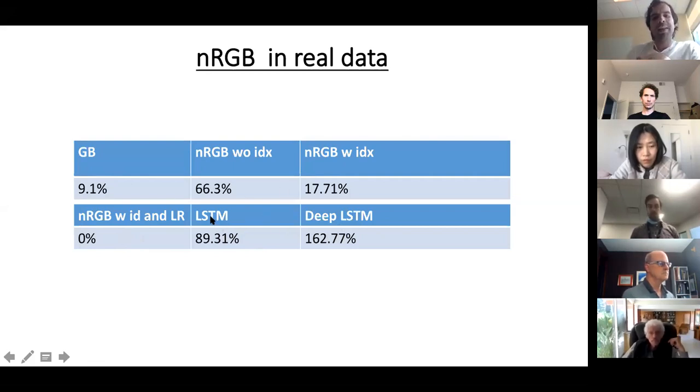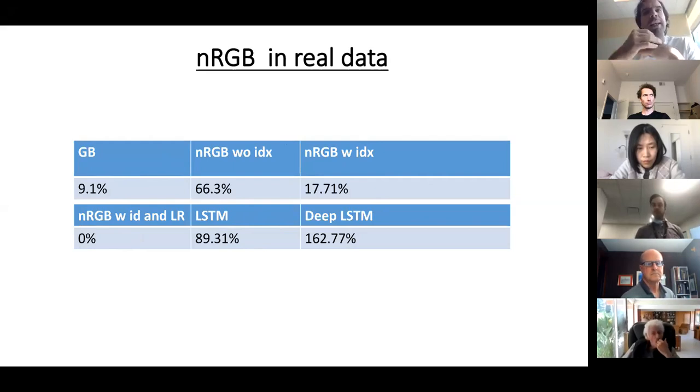Remember, these LSTMs and deep LSTMs don't have intrinsic feature selection in them, but all the other algorithms do. In the paper that we're going to publish, there's another example using NLP data, but I think this is a really good illustration of what RGB can do. Essentially, it can offer feature selection to multi-layer architecture functions like the type that neural networks fit.